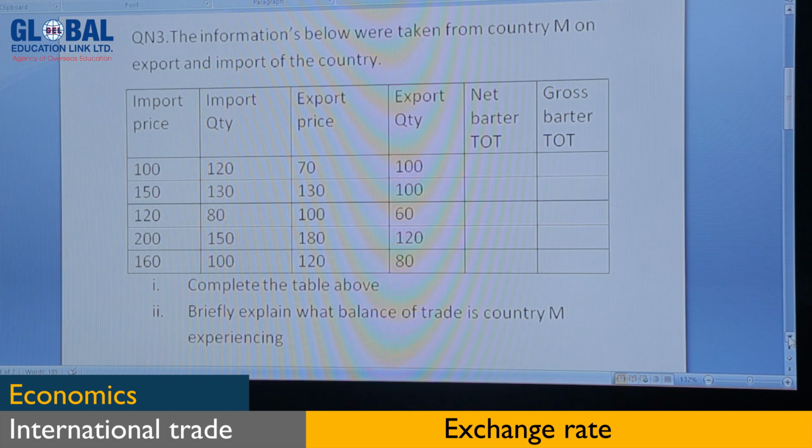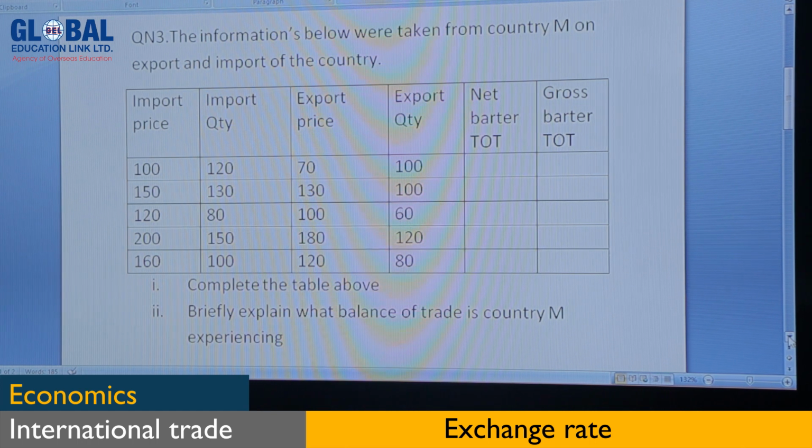Now you can see that table there. We have the first column, import price, the second import quantity, the third export price, the fourth export quantity. Then we have net barter, where there are no figures. We have gross barter, terms of trade. That TOT stands for terms of trade.